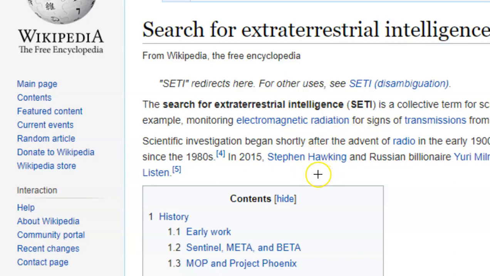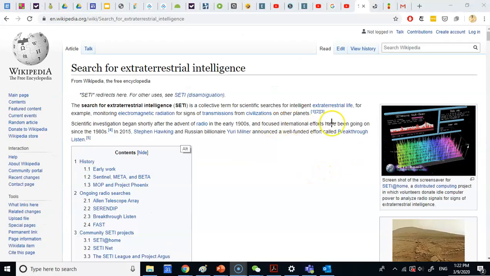So the cool part is that, for example, they monitor electromagnetic radiation for signs of transmissions from civilizations on other planets. Yeah, it's so cool.